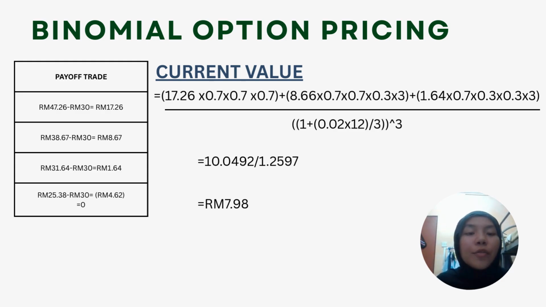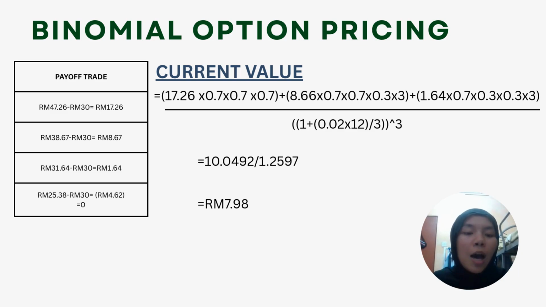The current value for this question is equal to 17 ringgit and 26 cents multiplied by 0.7, 0.7 and 0.7, three times because we choose up, plus 8 ringgit and 67 cents multiplied by up, up, down, which is 0.7 multiplied by 0.7 and multiplied by 0.3, and then multiplied by 3, because there are 3 paths, plus 1 ringgit and 64 cents.